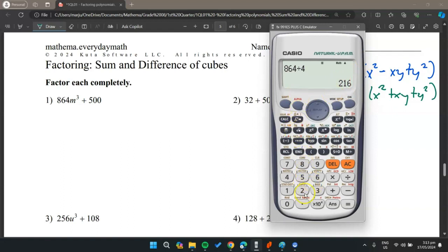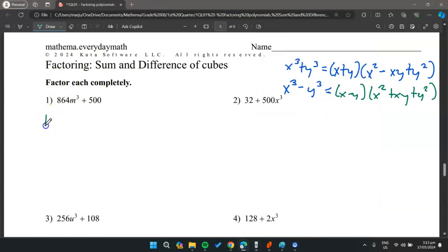Because I think that is 6 cubed. Let's try. 6 cubed is equal to 216. So what we are going to do first is factor out 4. So we have 4, and then this is 216m cubed plus 500 divided by 4.